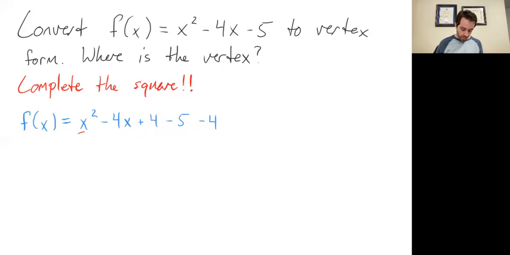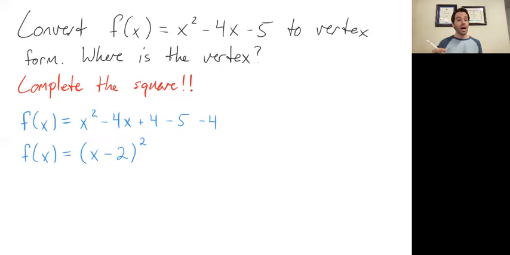You can see that this thing right here, the x squared minus 4x plus 4, is going to factor, and it's going to factor really conveniently. It's going to be x minus 2 squared, because, hey, negative 2 plus negative 2, that's negative 4. And then negative 2 times negative 2, that's positive 4.